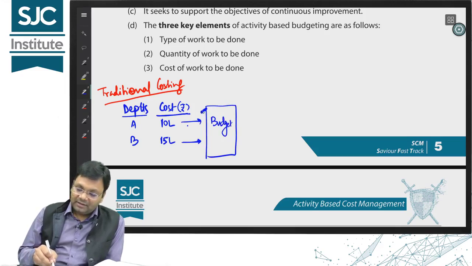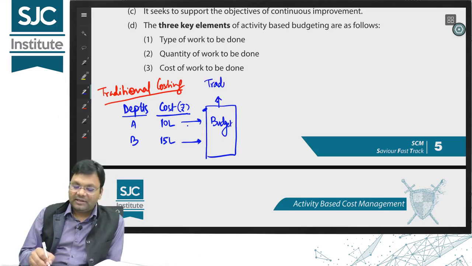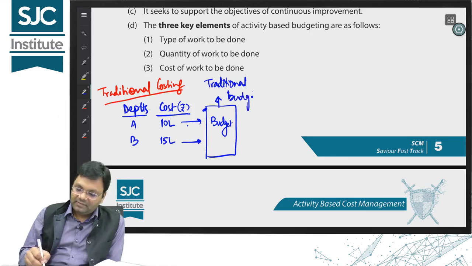Now in traditional costing, the process of budgeting is called traditional budgeting. What is traditional budgeting?